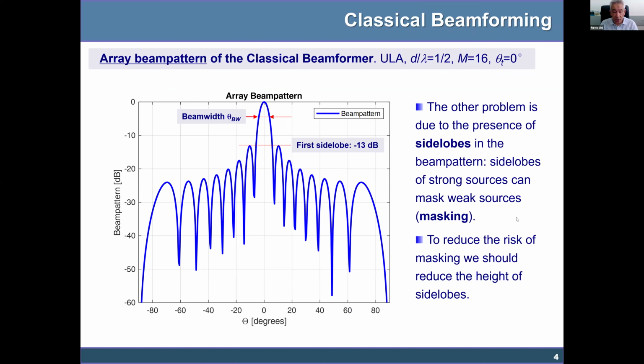But the resolution is not the only issue. If you look at, for example, the beam pattern of a classical ULA, the resolution somehow depends on the beamwidth, so the width of the main lobe. But another problem is created by the side lobes, and we have understood that the side lobes of strong sources hide weak ones.